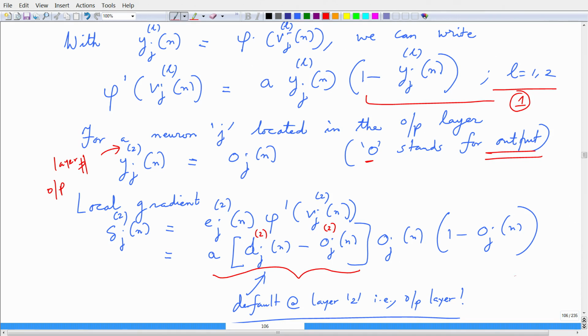So, I just plug in 1 into this computation for the derivative of the local activation field, and that is given by A times Yj, where Yj is replaced by Oj because it is defined like that, right. So, A times Oj times 1 minus Oj, all at time instance small n, right. So, this is pretty straightforward for us to compute.